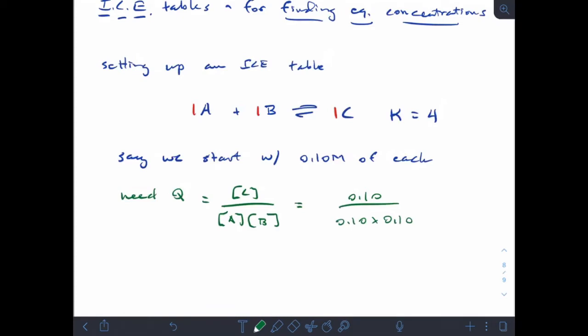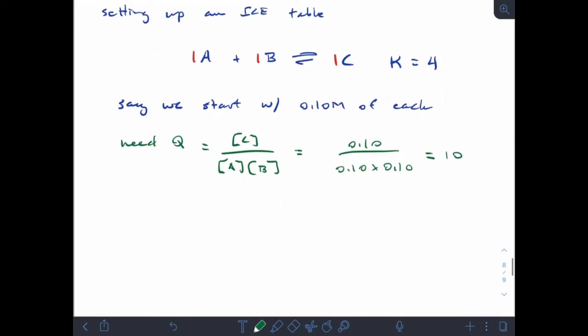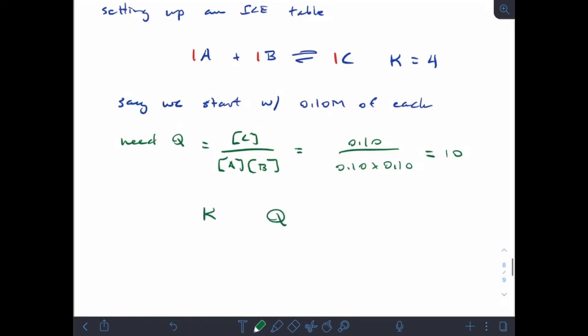And I find out that my value of Q is 10. Comparing K and Q, since K is only 4 and Q is 10, my reaction will go left.